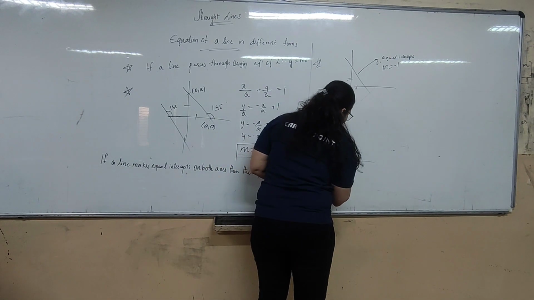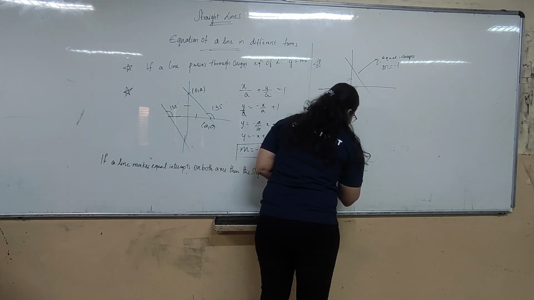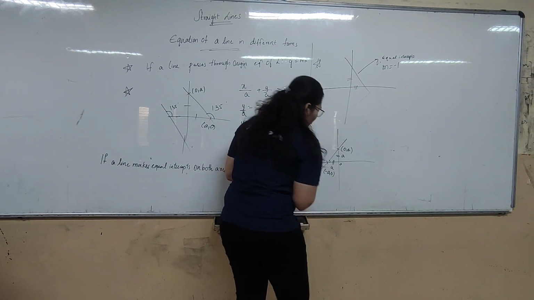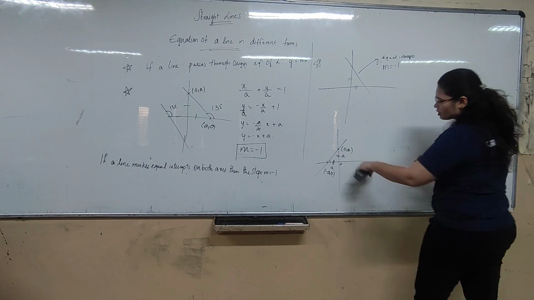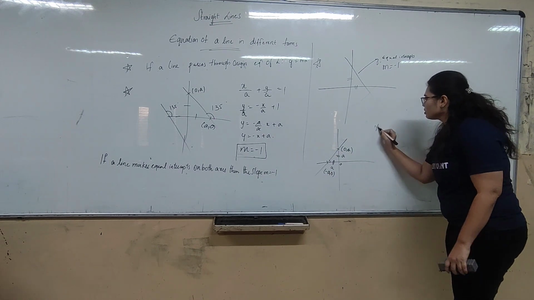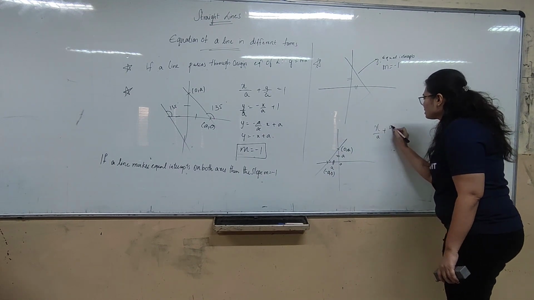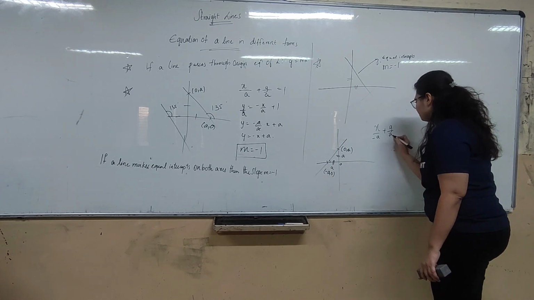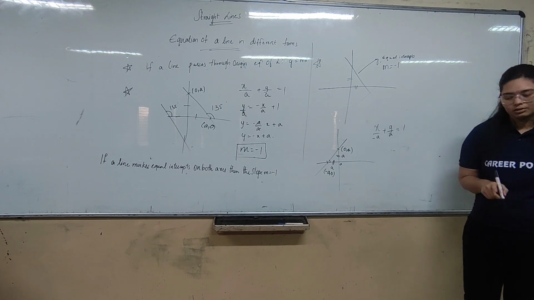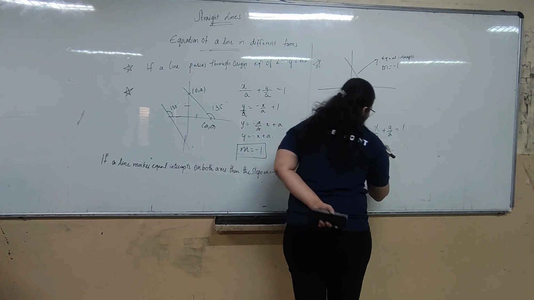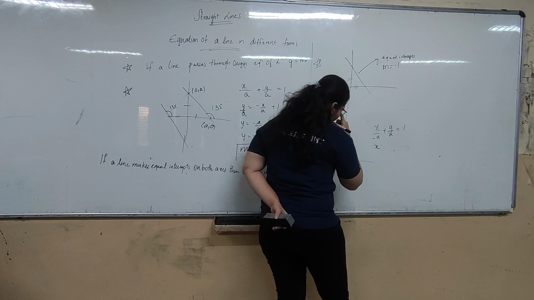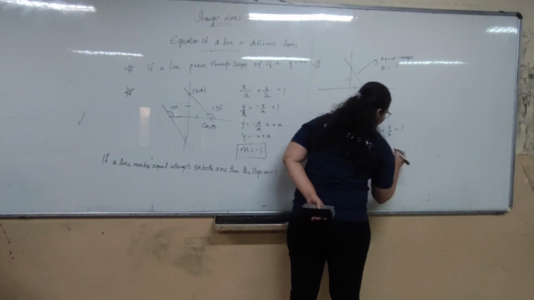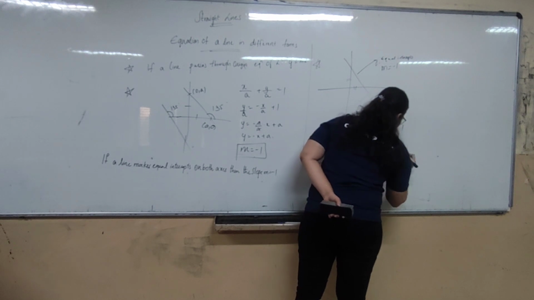So what will be the coordinates here? Right, (0, a), whereas coordinates here, (-a, 0). So what will be the equation of line? Right, so x by -a plus y by a is equals to 1. So y by a is equals to, this will go to RHS, x by a plus 1.